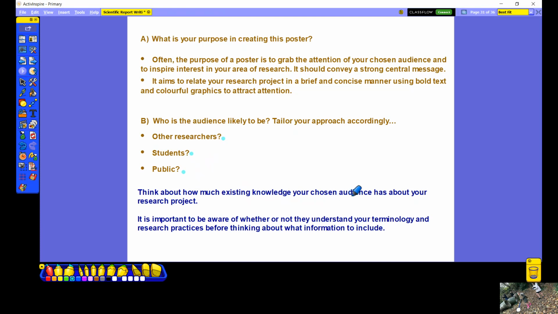So you really have to make sure that you're thinking about the audience and structuring in a way that has them at the forefront of your scientific mind. And this might be particularly important when using terminology. Terminology might need to be explained a little bit.